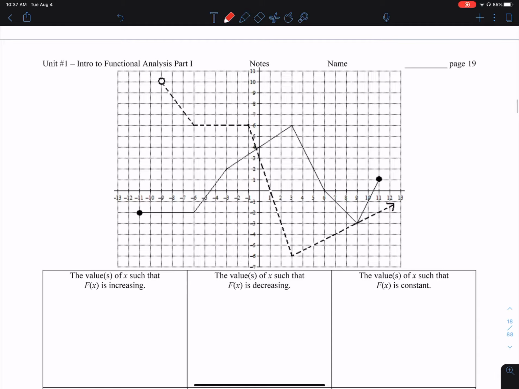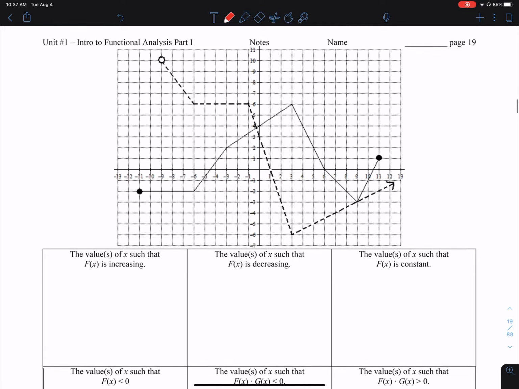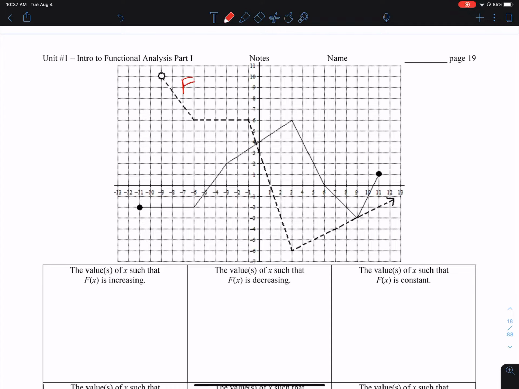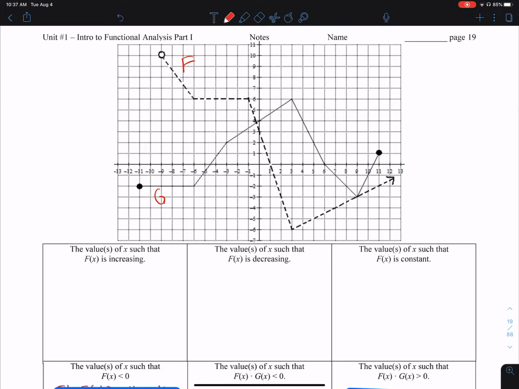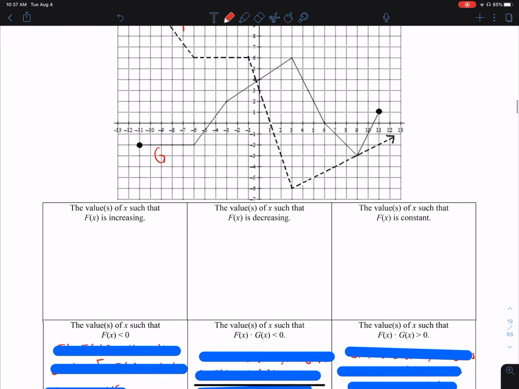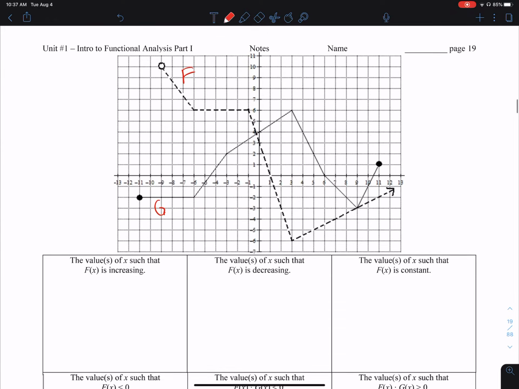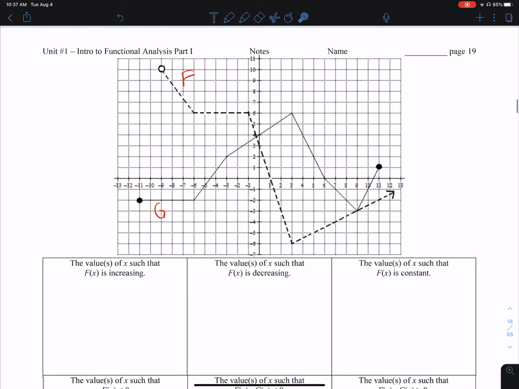All right, same graph. This is f, this is g. We got more questions. The values of x such that f of x is increasing. I didn't write down what this means.